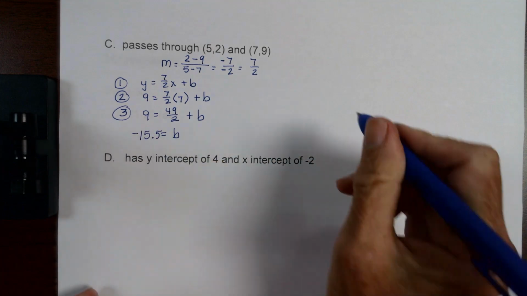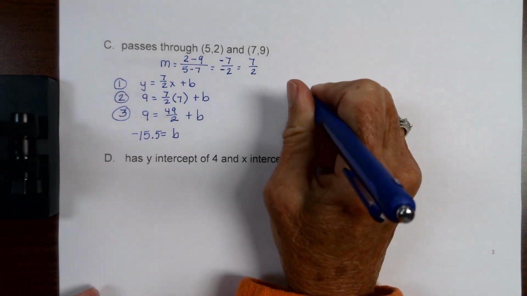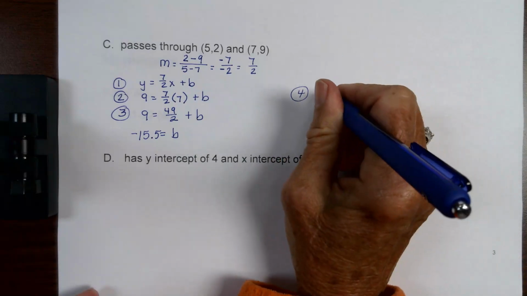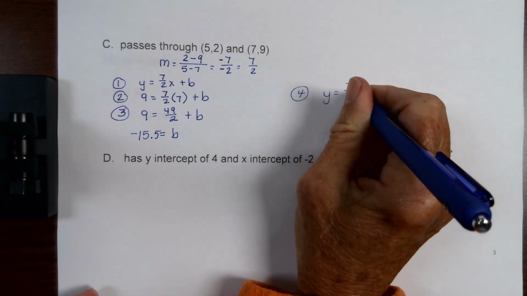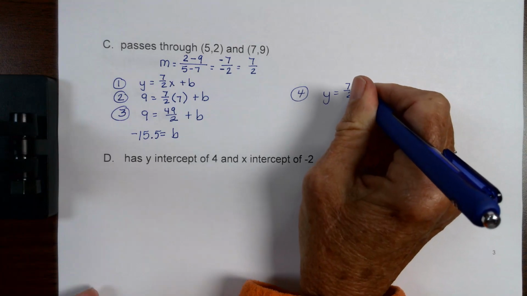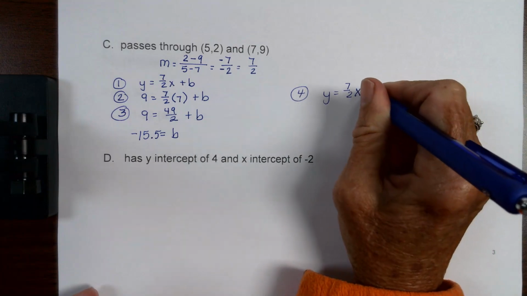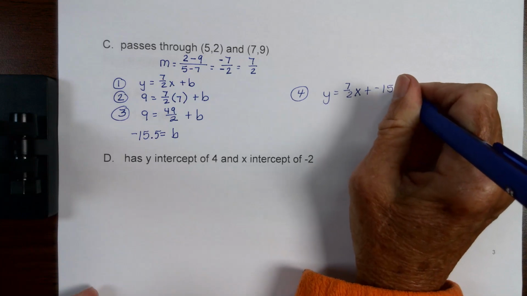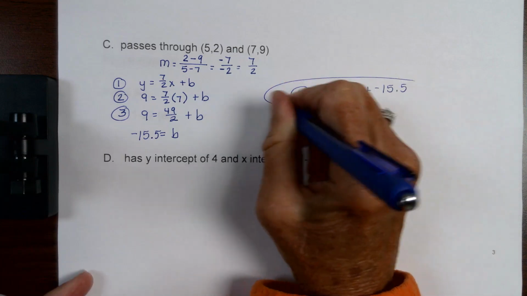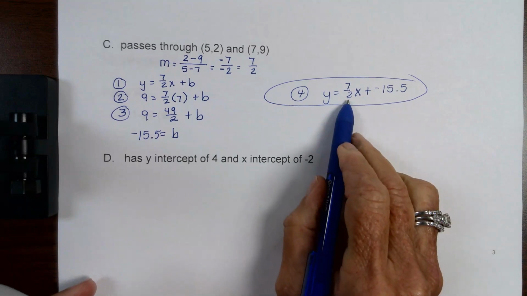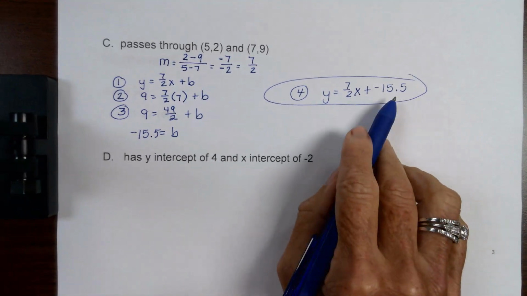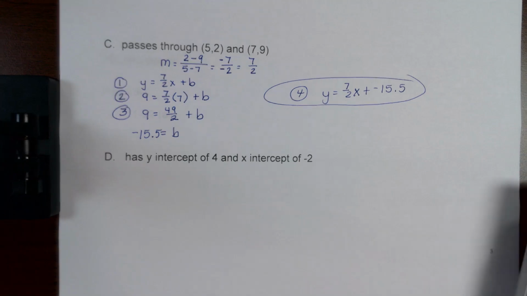And so that's going to be my b. And then my last step, of course, is to put in the slope in the slope position and put the b in the b position. Now if you wanted to make that into a mixed numeral, you could, or if you wanted to make that into a fraction, you could.